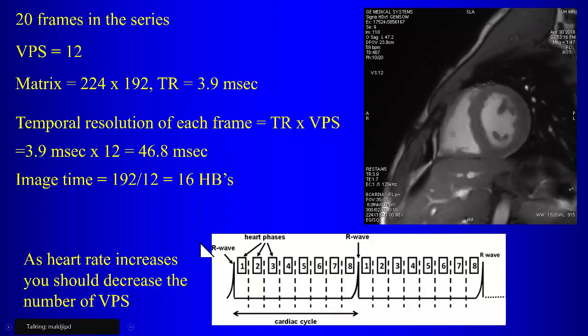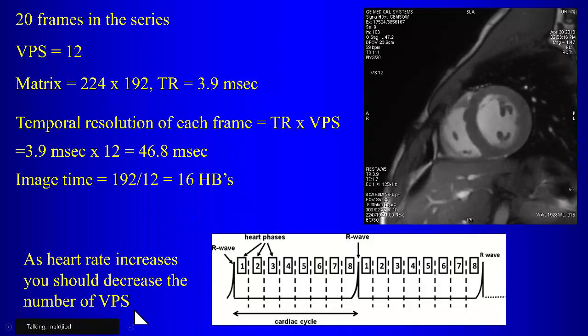What's the point? Why am I going through this? Because as the heart rate increases, this image will get blurrier and blurrier. And you need to correct for that. And how are you going to correct for that? You're going to correct for that by improving your temporal resolution, which means that you need to decrease the views per segment.